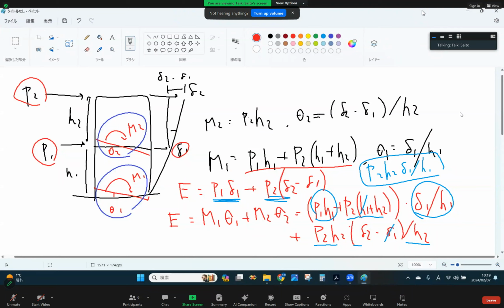So first energy is P1 multiplied by deformation, this one. The second energy is P2 multiplied by this deformation, maybe. And I think this energy is equal to the energy from moment.